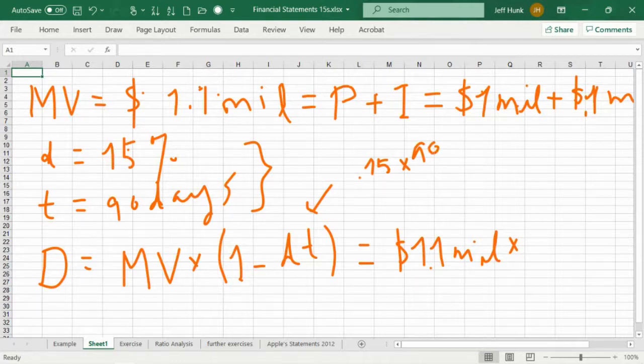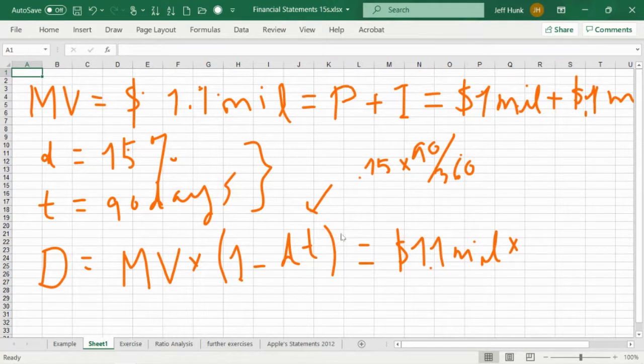You must first convert 90 days into years, which is not difficult. It's 90 over 360. You might wonder, why 360? Isn't 1 year 365?